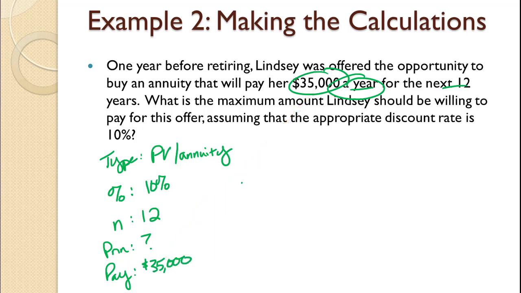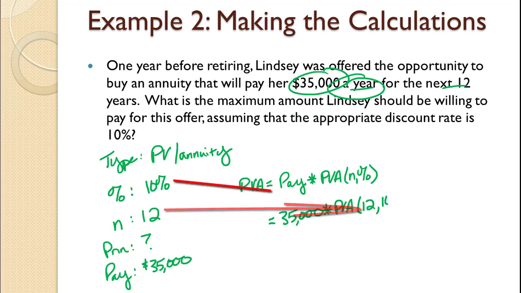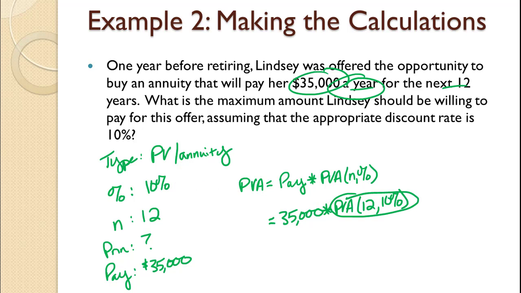So now that I have my basics, present value of an annuity is equal to the payments times the present value of an annuity factor n at a given percent. Payments are $35,000. N is 12, 10%. Let's go get our number.